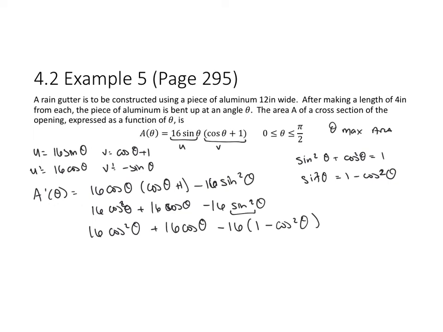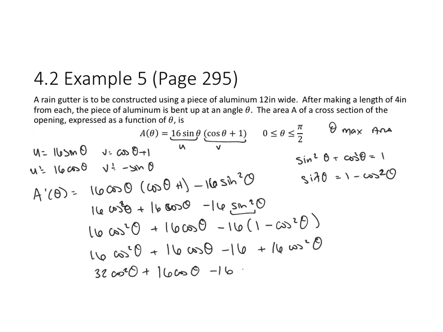And again, let's distribute my 16. And I have two 16 cosine squared thetas that we're going to combine. Let's continue this solution on the next page.